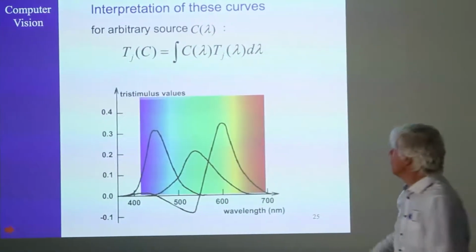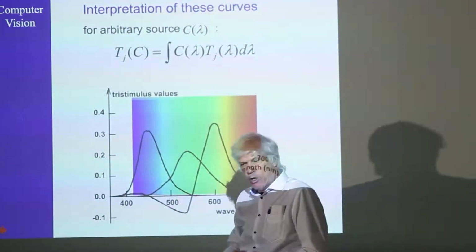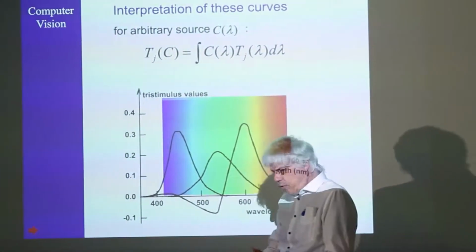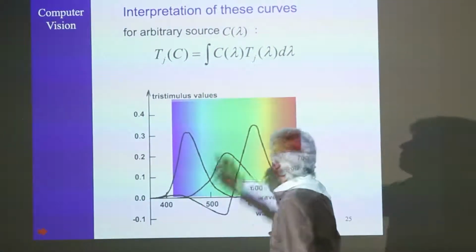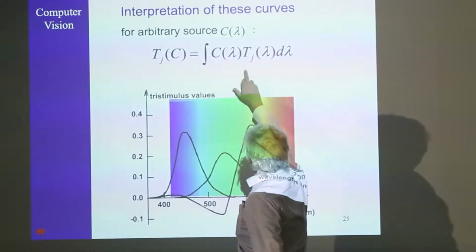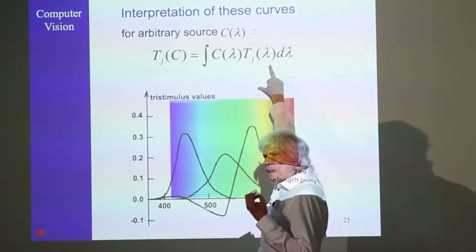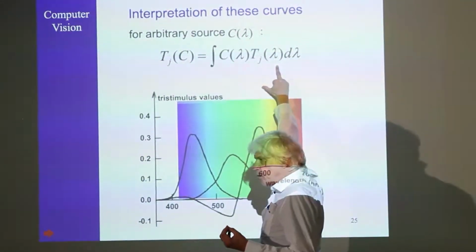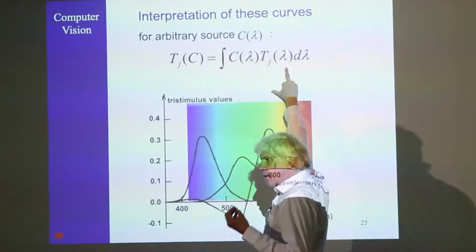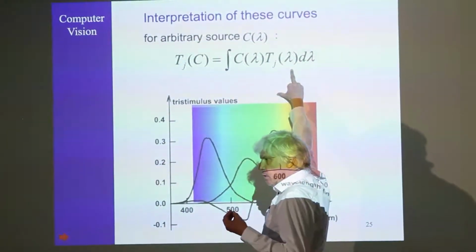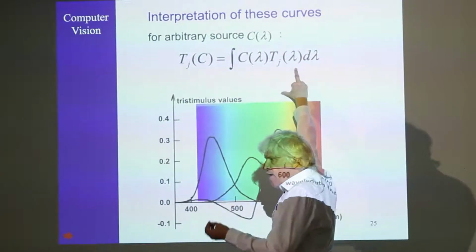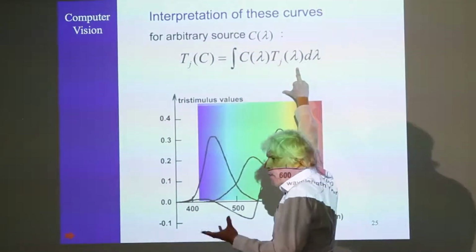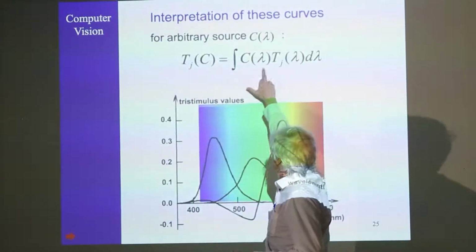Well, you split up, same old trick, for every wavelength, and you multiply with the amount of primaries you would have to take to generate the same impression for that wavelength, for the power that we have of that wavelength in our source, C of lambda.